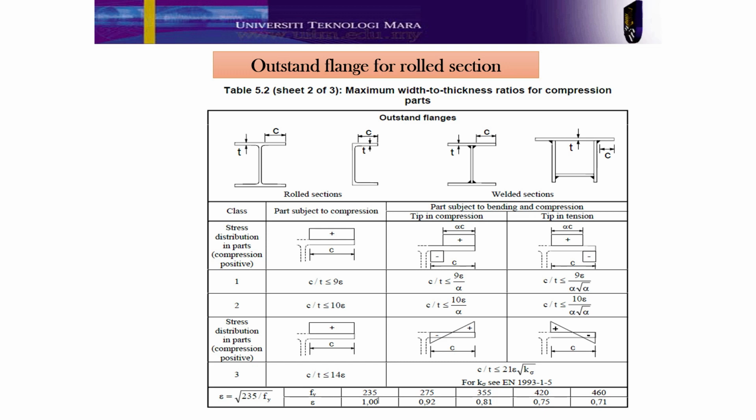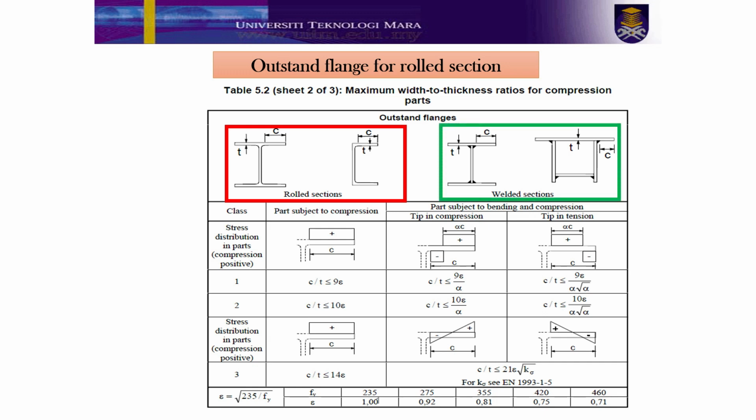Bear in mind, the dimension of c for the hot-rolled section is defined as highlighted in the red box. Meanwhile, the green box highlights the dimension of c for the welded sections. From the previous calculation, the flange slenderness ratio is determined to be 6.25, which is less than 9 times the strain value. Therefore, it was concluded that the flange falls under Class 1 section.